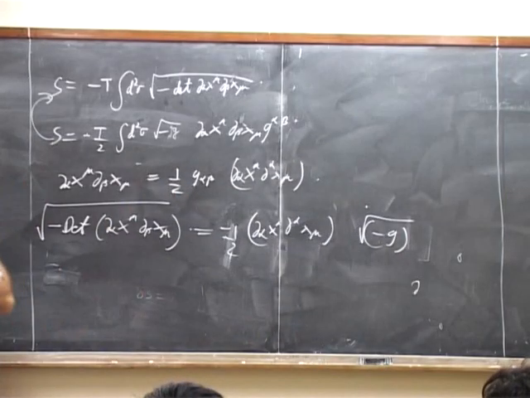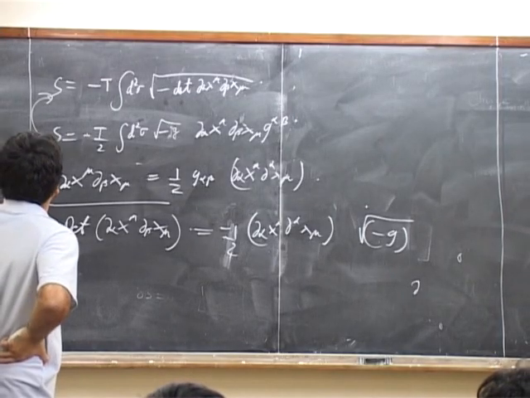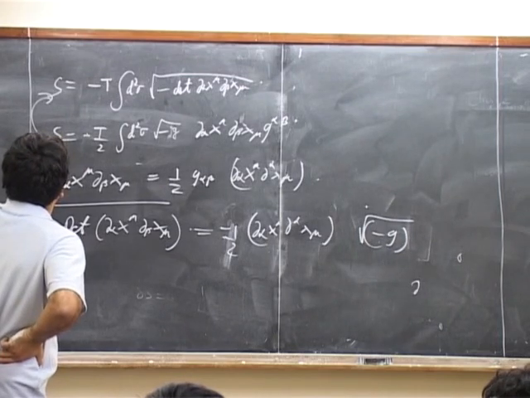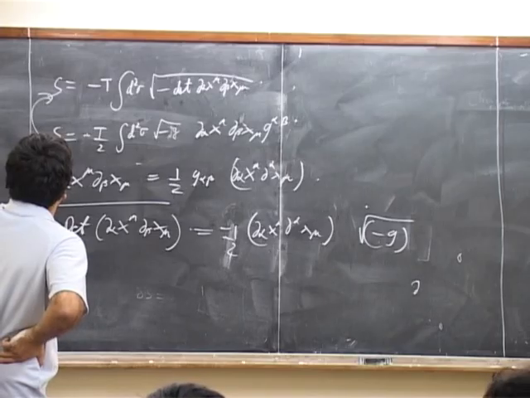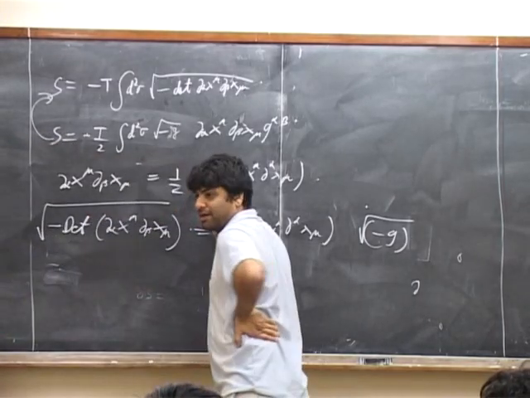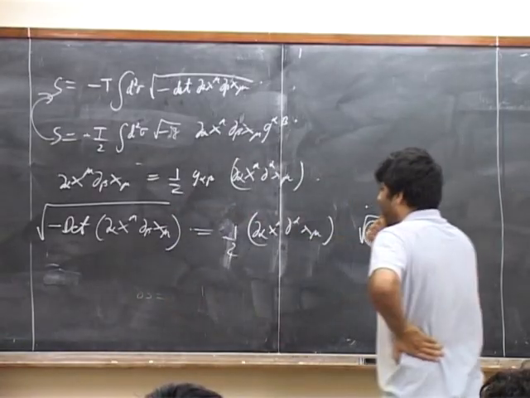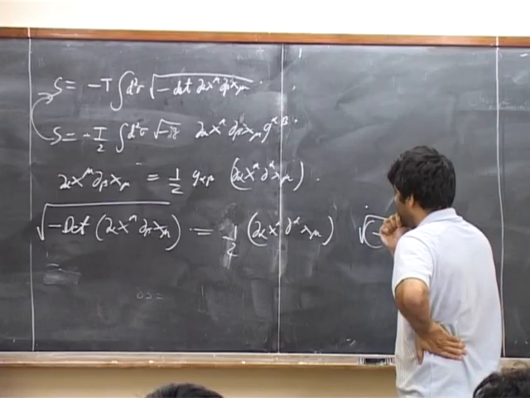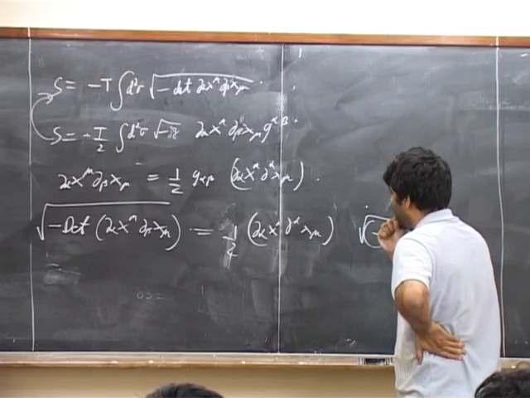We want something that is positive. The minus sign won't be there on the right hand side, you're saying. Possibly, because we took a square root of the thing, so there are two signs possible. The one with positive will make the action positive.